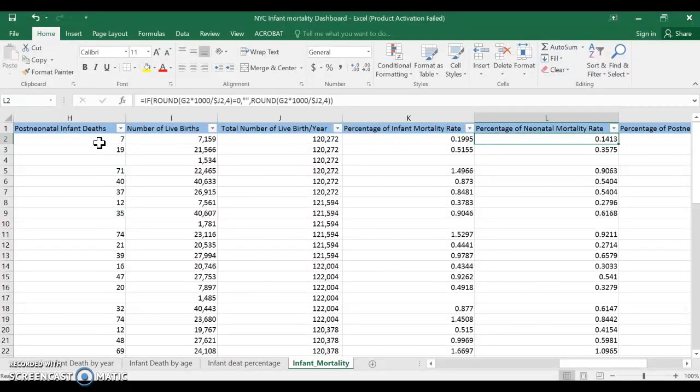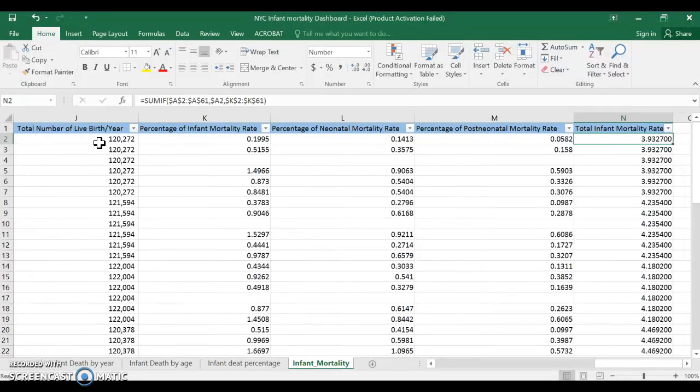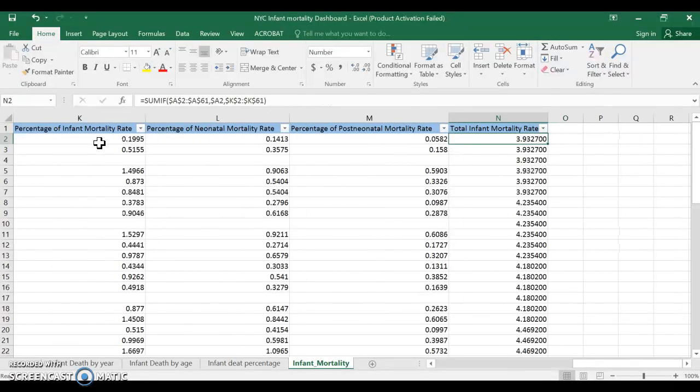I also grouped them by their age: infants below the age of 28 days in the neonatal category, and infants between the age of 1 month and 12 months in the postneonatal category. And I also showed the rate of infants who died, in thousands, in any specific year.